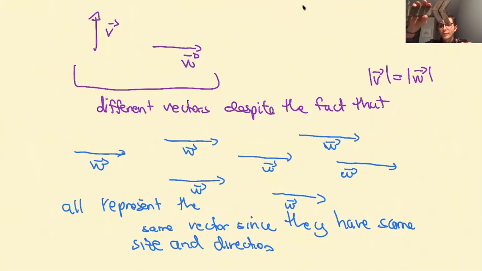Since you're free to move vectors around as long as you don't change their size or direction, once you specify an XY axis, you drag it so that it starts at the origin. Right now there's no reference point, but for practical purposes we will always have a reference point, and when we do, vectors will always start from there.